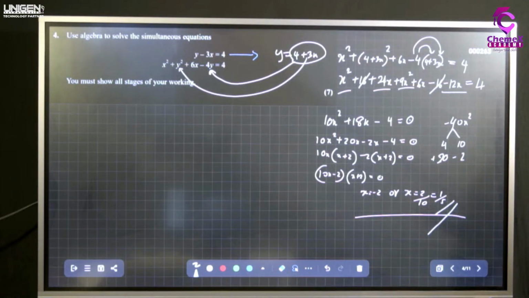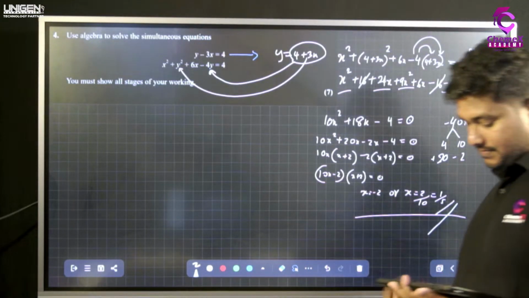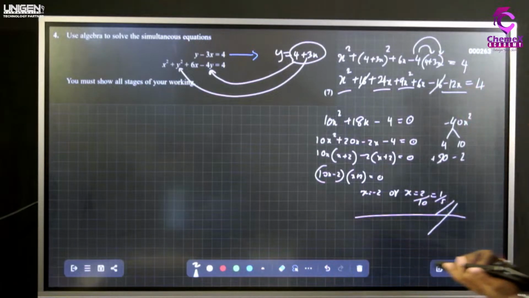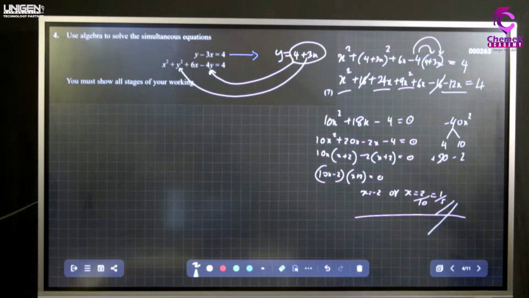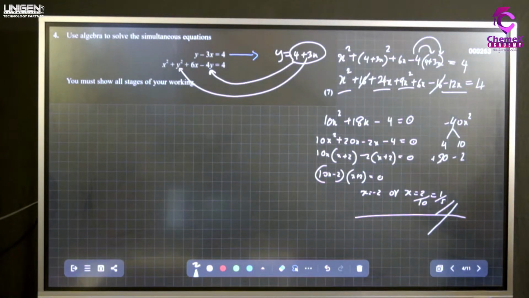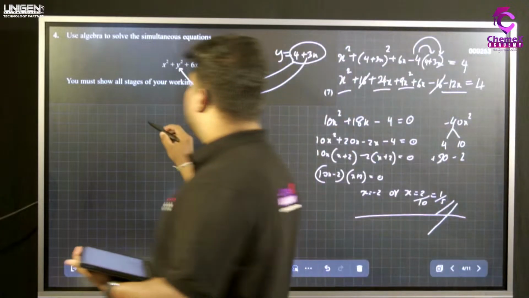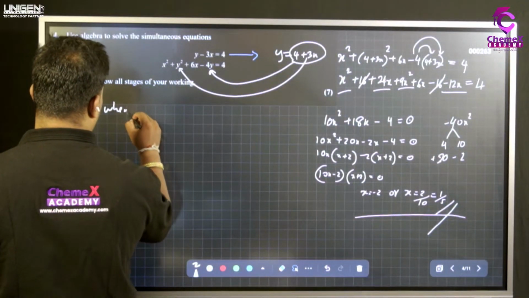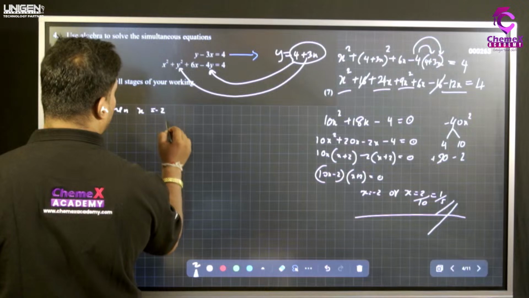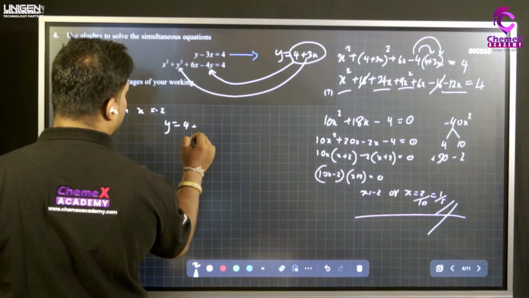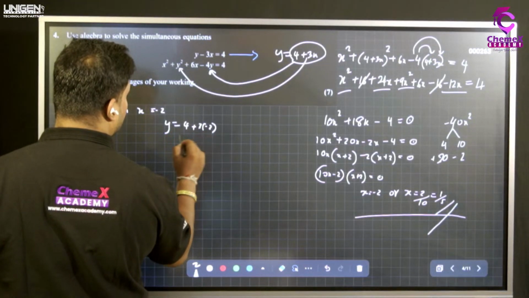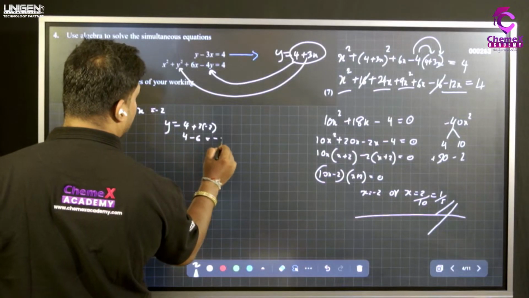Any questions? Why? And why? So when x equals minus 2, y is equal to 4 plus 3x. 3 times minus 2. 4 minus 6 is minus 2.